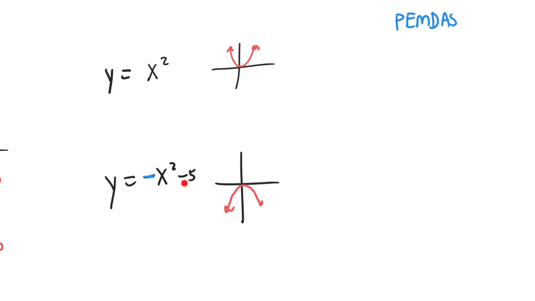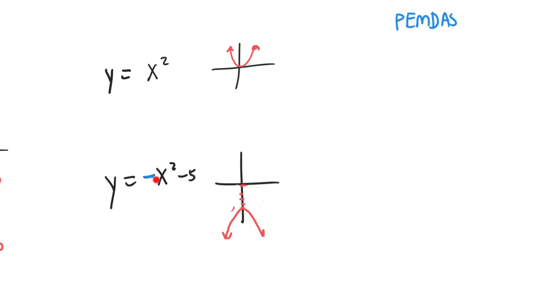Then you worry about subtracting 5. So it goes down 5 after that. So we had flipped it first, and then it went down 5 after that. And then you can kind of get rid of this thing because that's old news. And this ends up being your final thing.